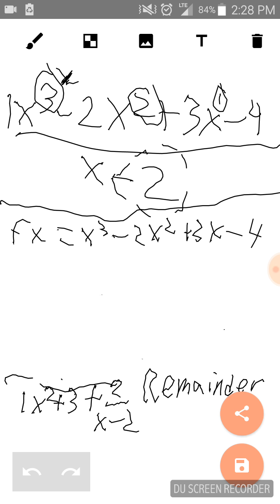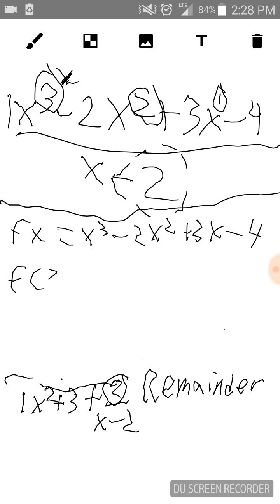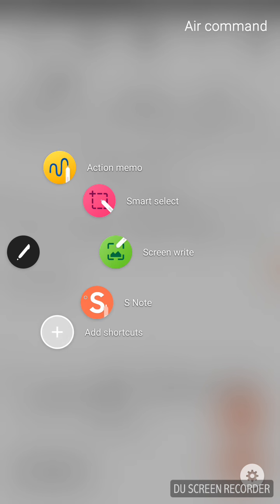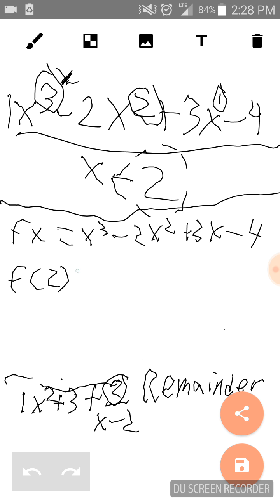Now, here's the cool trick. Since your remainder was 2, you can plug that in for your x. So instead of it being f of x, it would be f of 2. And so now you can plug that in for x.